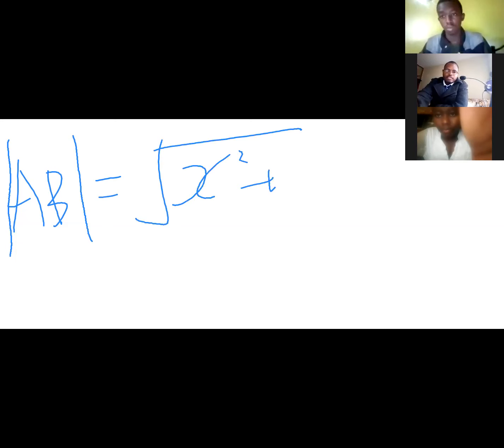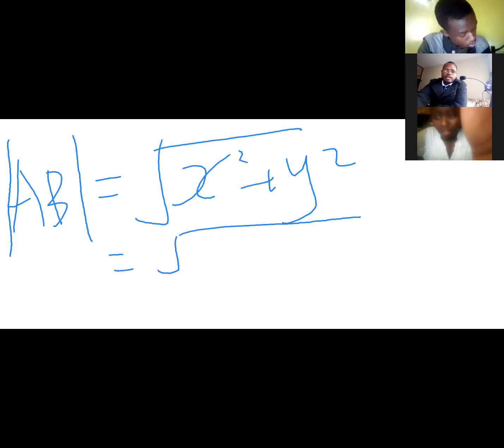Magnitude equals square root of, this is the formula, x squared plus y squared, like that. AB is equals to square root of x squared plus y squared. So for our example there, this is square root of 3 squared plus 4 squared.